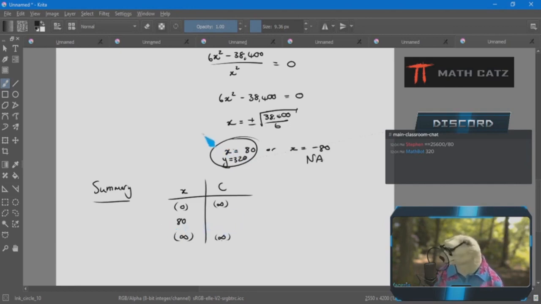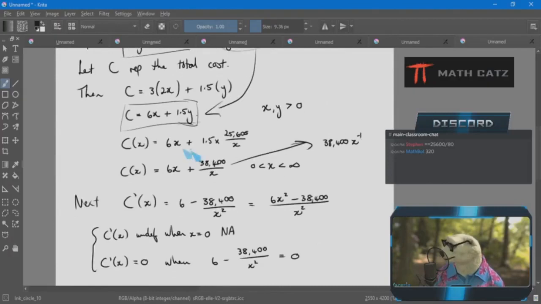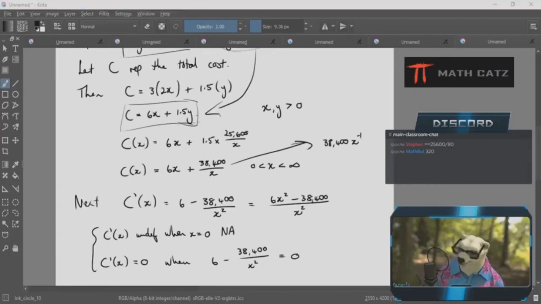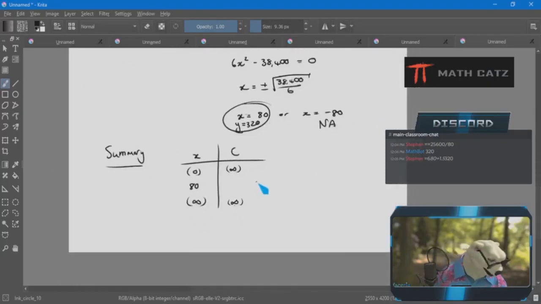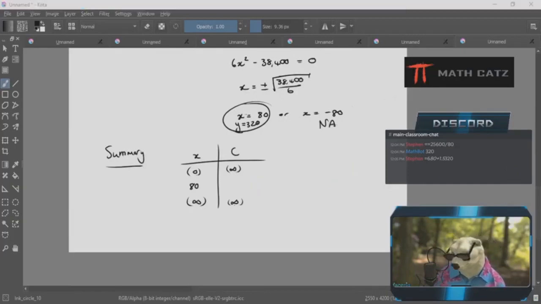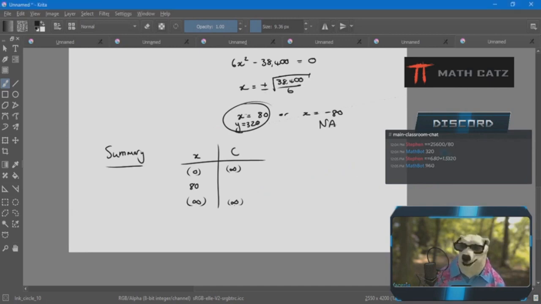And then I can go back to my cost here. I want to pick the simplest calculation. And the original version, or the sort of original version of the cost is nicest. So I have 6 times 80 plus 1.5 times 320. And so we get, oh, I need 2 equal signs. Right. $960.